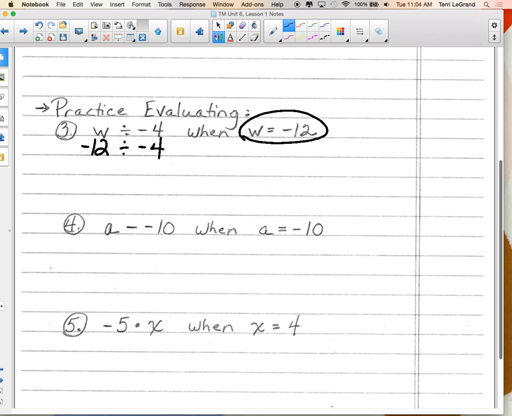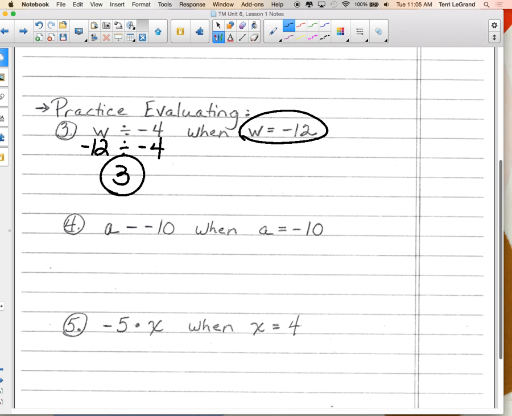Negative divided by a negative, class, is a positive. How many 4s are there in 12? 3. Here's our answer. That expression is equal to 3 when W is negative 12.